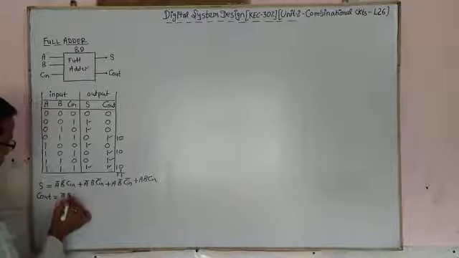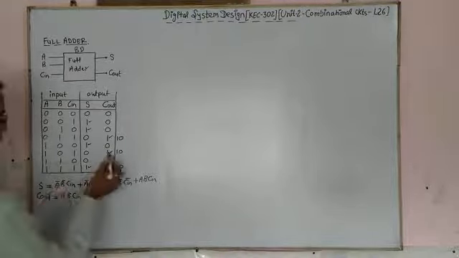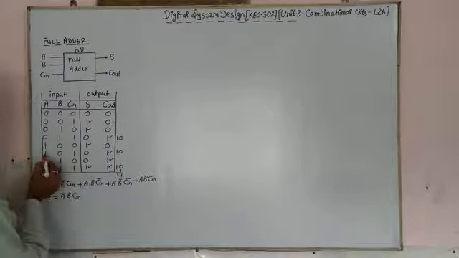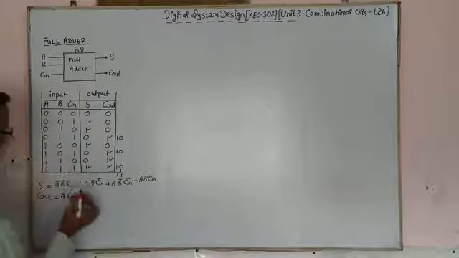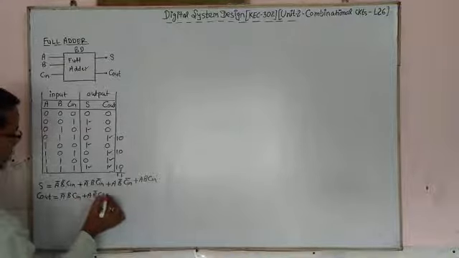And the second one is at the location 1, 0, 1: A B bar C in.